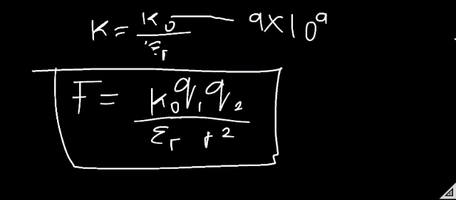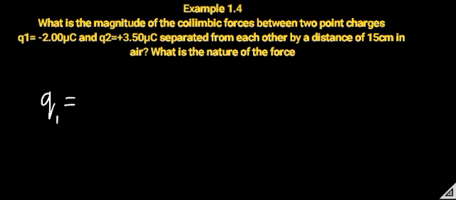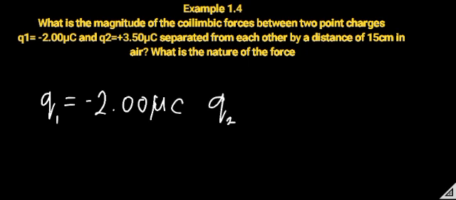From here we know that Q1 is equal to minus 2.00 and Q2 is equal to plus 3.50 microcoulomb, right?